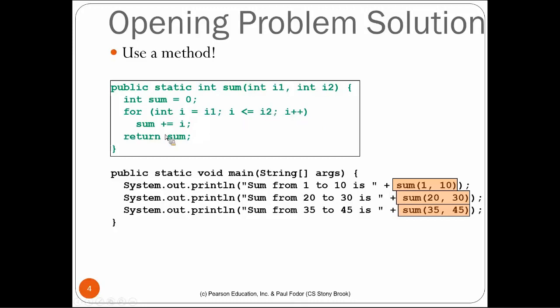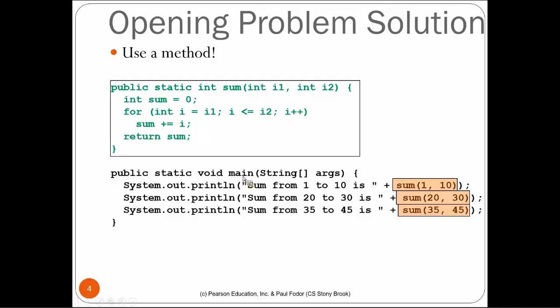When I becomes equal to I2, we still sum it. We increment I by 1, it becomes I2 plus 1, which makes the condition false, in which case we exit the for loop and return the sum. That integer will be returned as the value of the expression when we invoke sum with actual parameters, with arguments that give values to I1 and I2.